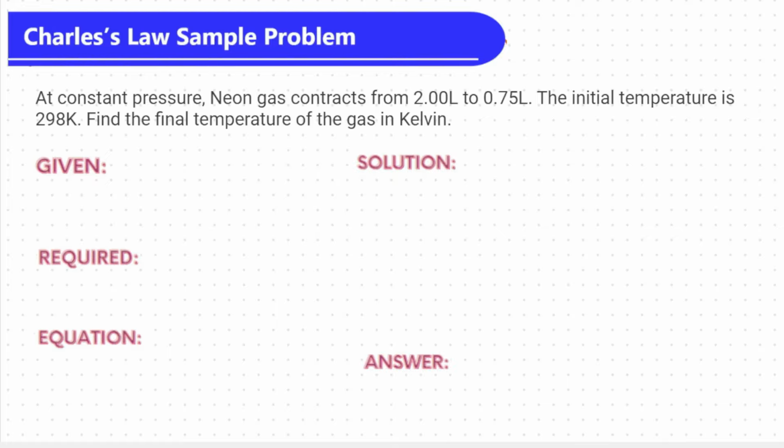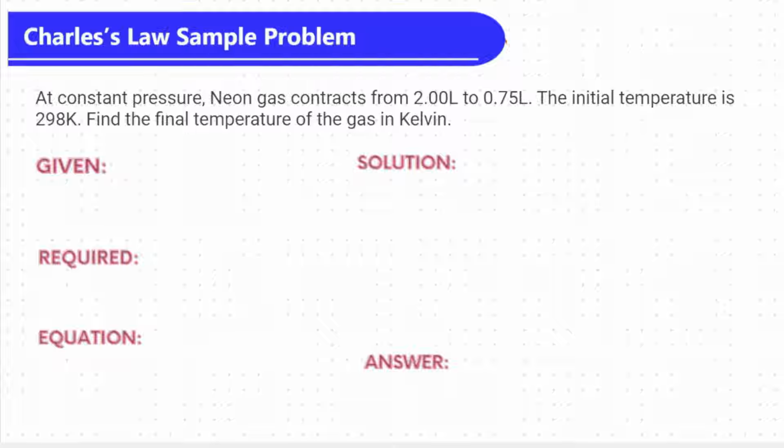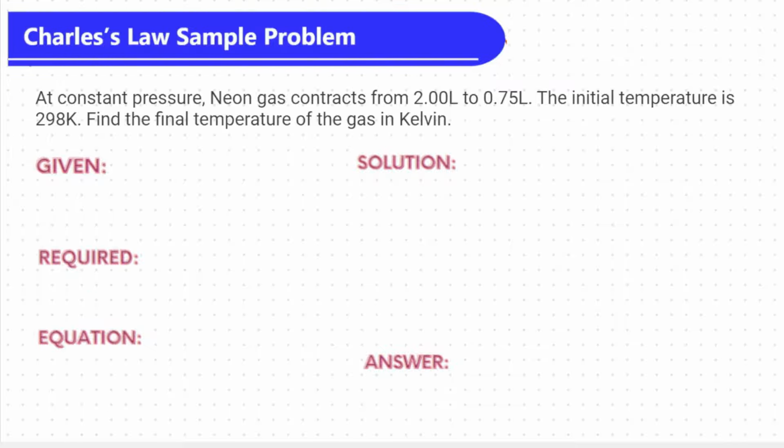Okay, all right. So let's now go to the analysis of our given quantities. So, ano ba ibig sabihin ng contracts? Pag sinabing contracts, volume decreases. Parang kanina compresses down. So, volume decreases din yon. So, ibig sabihin, we have our V2 which is less than V1.